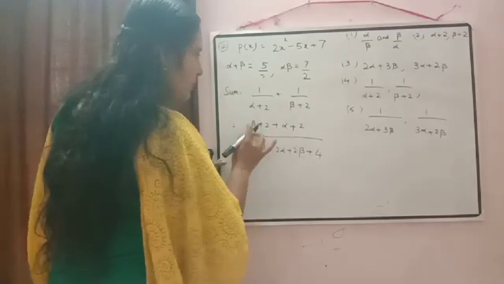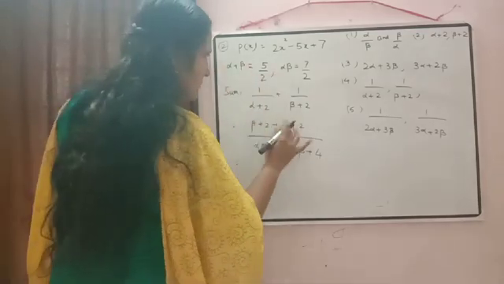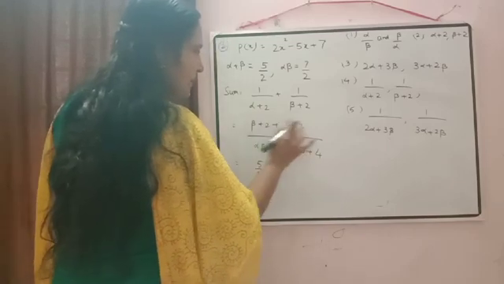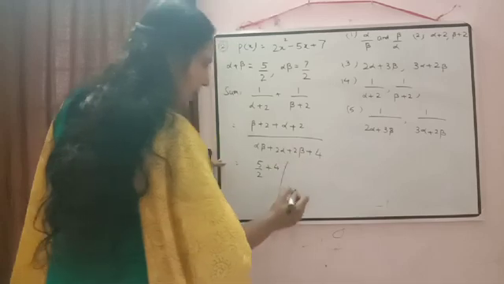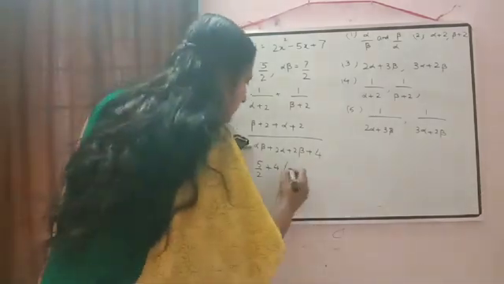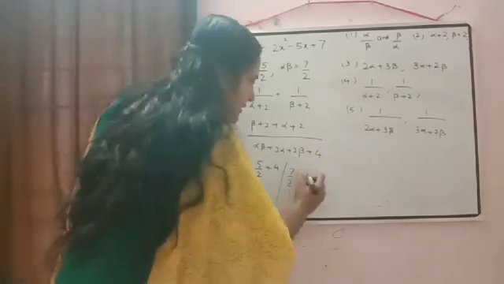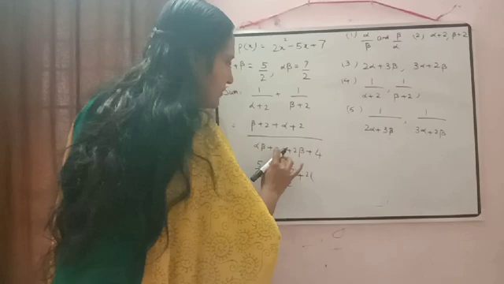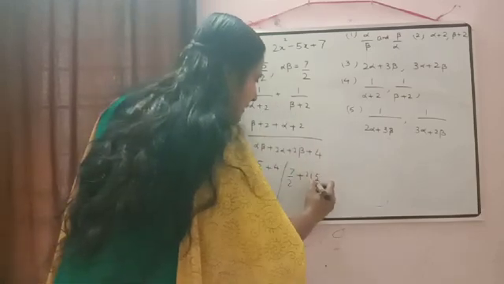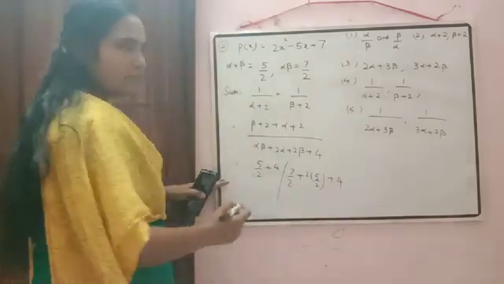Now we know the value of alpha plus beta. Yes, substitute the value. Then in place of alpha plus beta we are writing here 5 by 2 plus 2 is 4 by. Here alpha beta we know the value. Alpha beta is 7 by 2 plus 2 we can take common. Then inside the bracket it will be equal to alpha plus beta, and alpha plus beta is 5 by 2 plus 4.